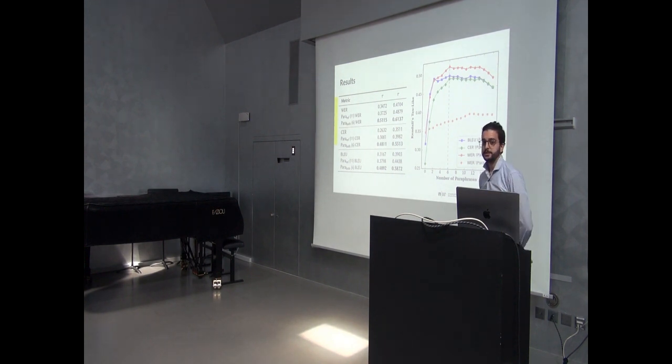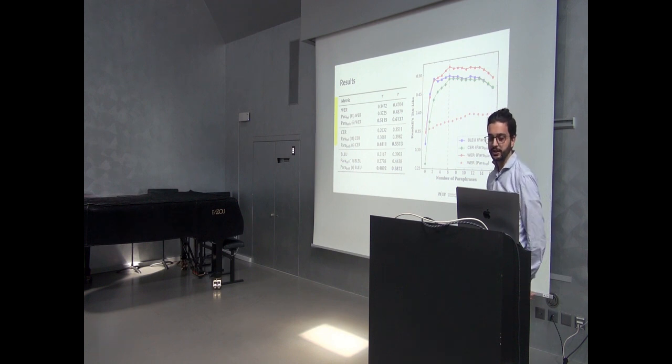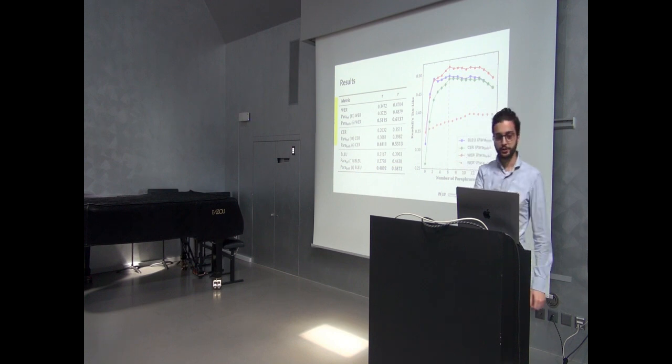So here we see the results. We looked at the Kendall tau-like correlation and the Pearson's R correlation. In this case, the higher the better. We see the original word error rate. Here, the pararef version.